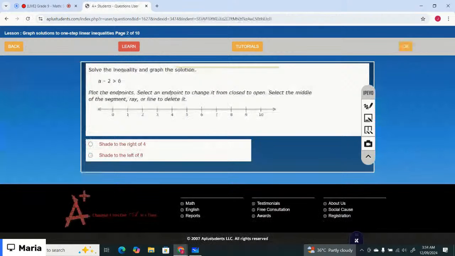Solve the inequality and graph the solution. So, which is the correct option?